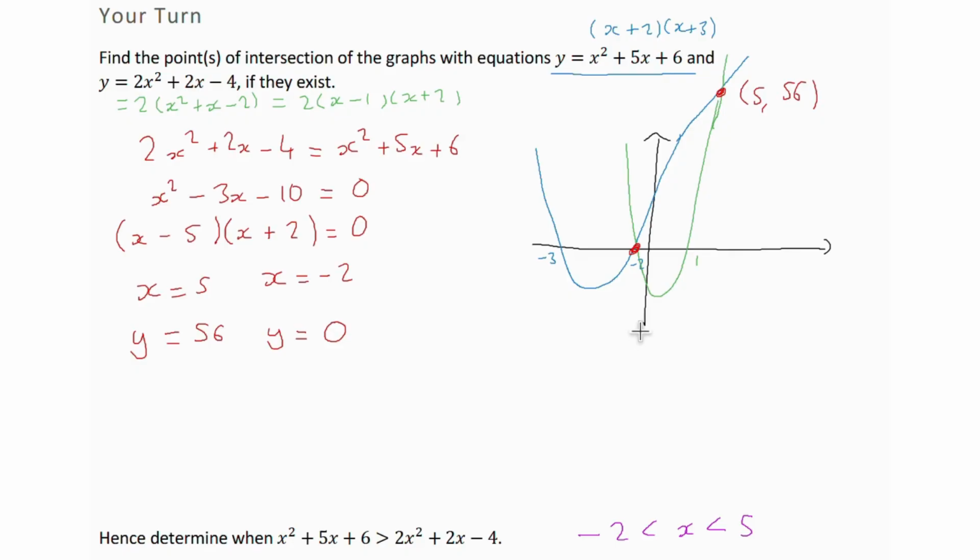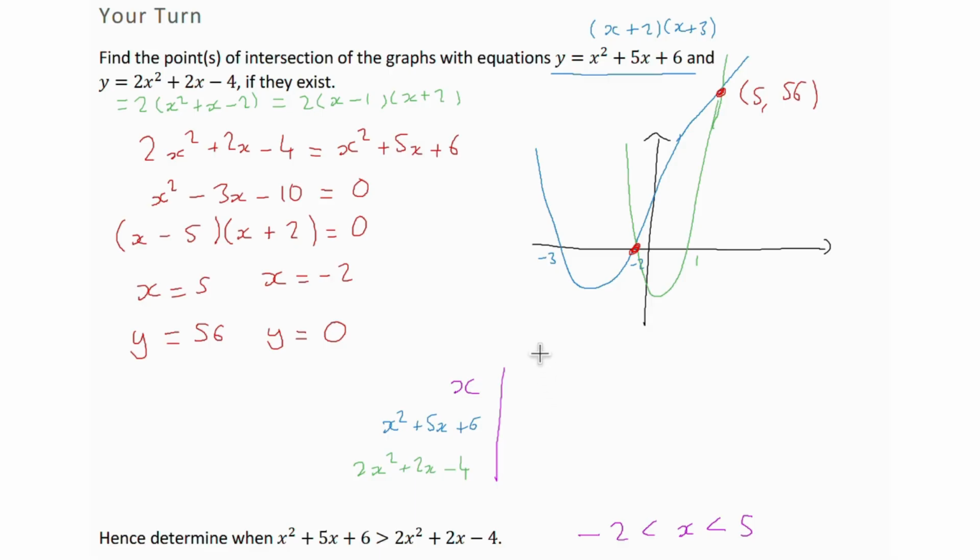Now I did say we'd also look at how we could do this with a sign diagram. So let's have a think. For different values of x, we've got two functions. We've got x squared plus 5x plus 6, and we've got this 2x squared plus 2x minus 4.